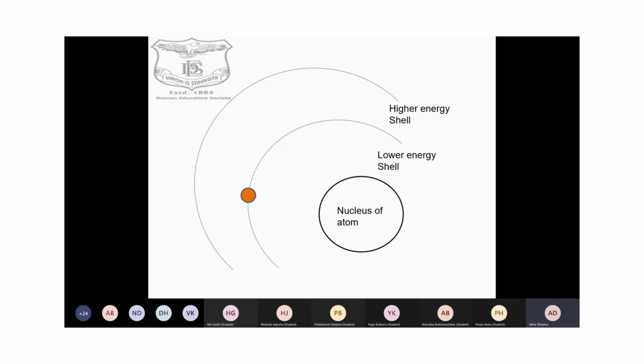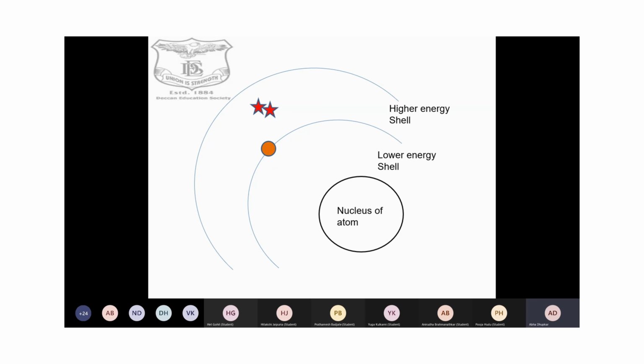I'm going to go back. You've got a photon of light, this yellow star, which stimulates the electron. It goes to a higher energy shell. What happens when it is at the higher energy shell is it has gained energy. Because of that gain in energy, it has gone to a higher energy shell. But that is an unstable state.